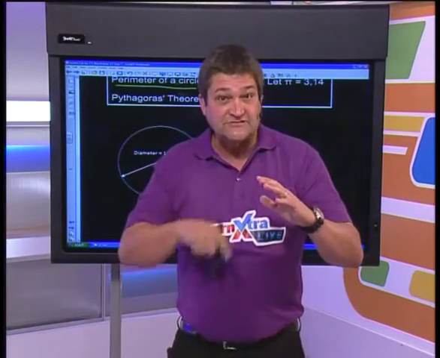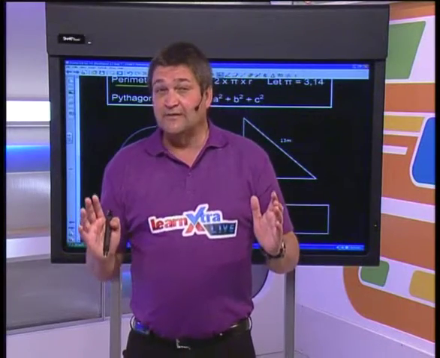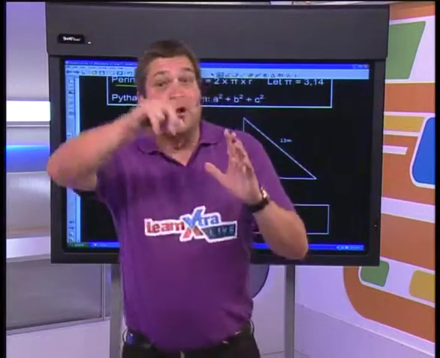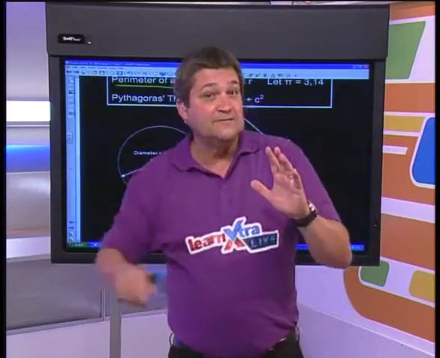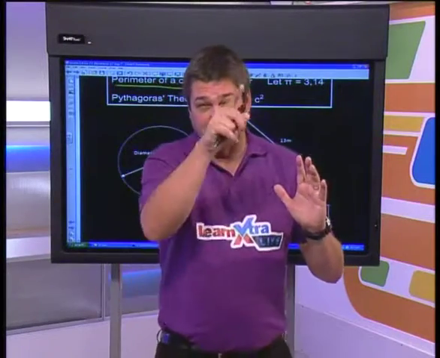What's another name for the perimeter of a circle? It's the circumference. In an exam, your teacher could say, calculate the perimeter of that circle, or they could say, what's the circumference of that circle? Both times, we're talking about the perimeter.